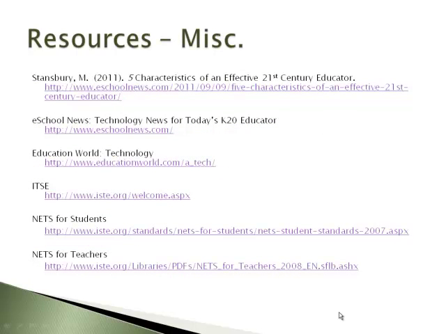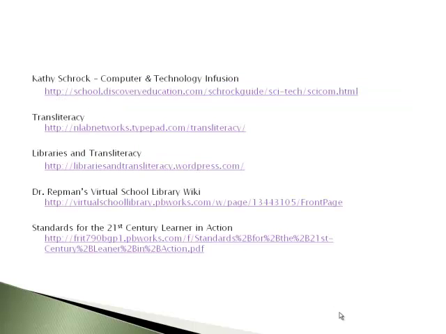And then these are some miscellaneous resources that I've come across talking about characteristics of the 21st century educator. ITSE, Nets for Students, Nets for Teachers, Kathy Schrock, one of the most wonderful women using information literacy, technologies, all kinds of things that are going on in the schools.